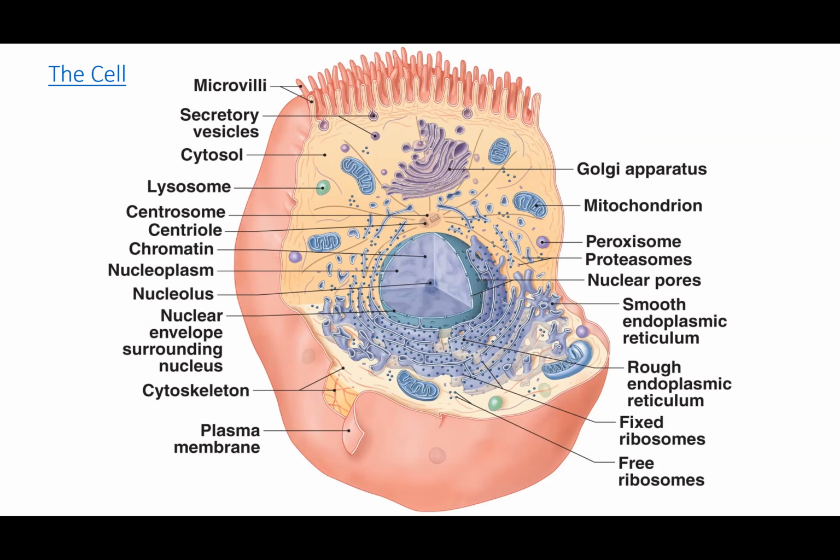But ones that I would likely quiz you on would be the Golgi apparatus, mitochondrion, the smooth endoplasmic reticulum, the rough endoplasmic reticulum. Well, yeah, you should know the plasma membrane, the nuclear envelope.